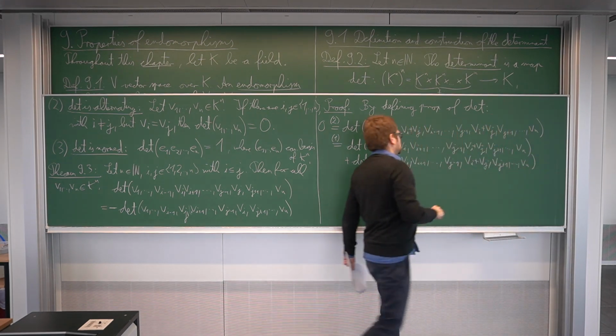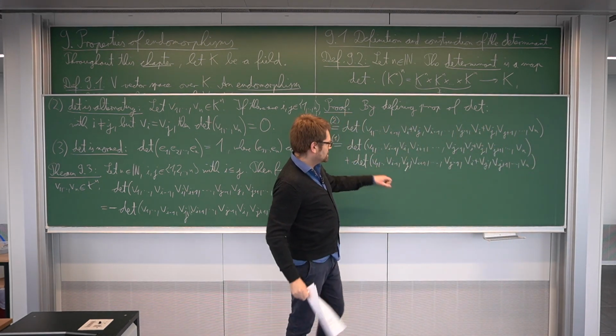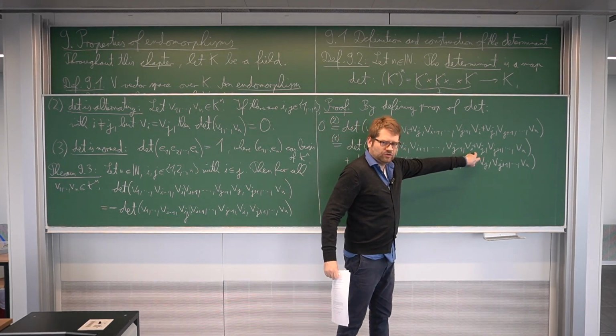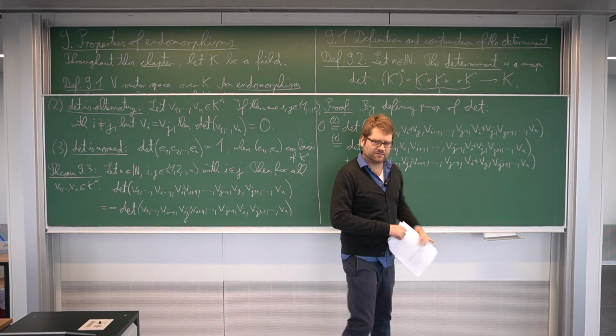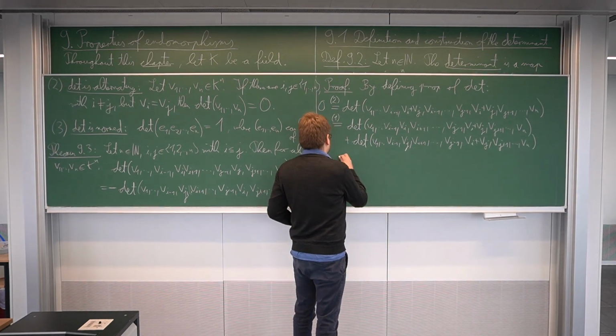Now in both of these summands we can do the same trick with this component here. Keep everything fixed and expand the summands. We need to do this separately, so this time we get four summands.